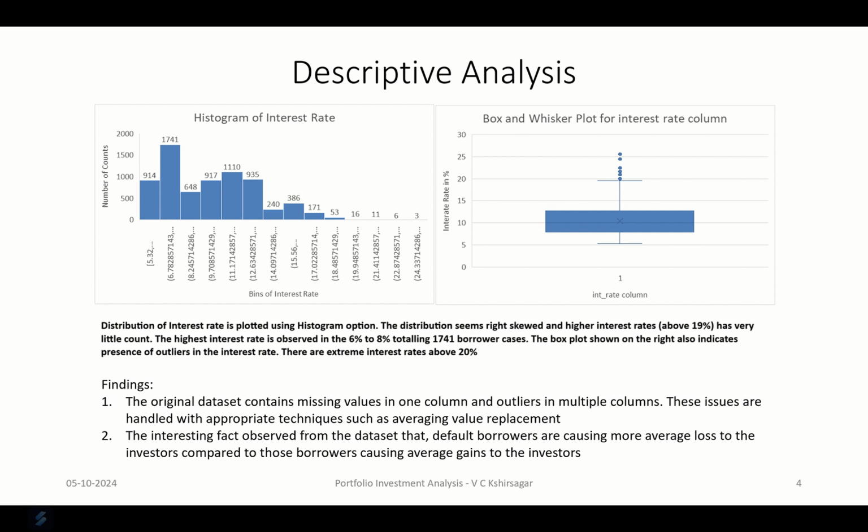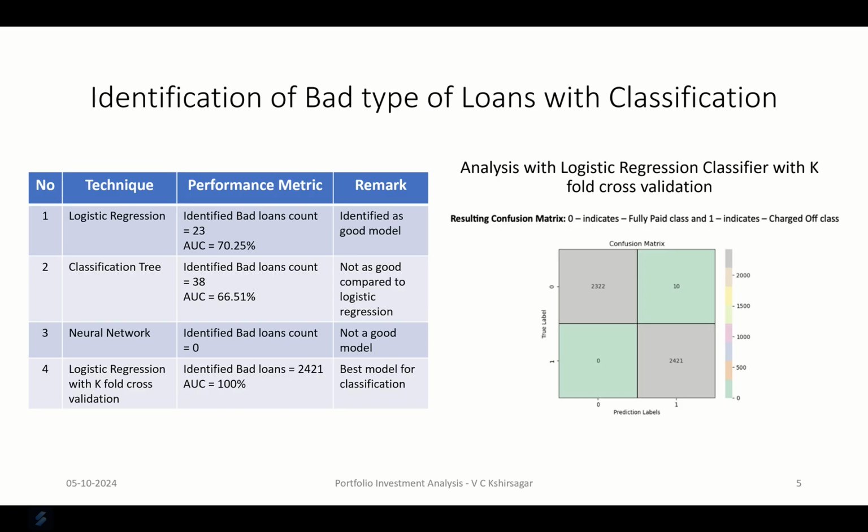Now, next slide, the task is to identify the bad type of loans using classification technique. The bad type of loans, we call them the charged off category in the data set. The classification is performed with Analytic Solver Platform using multiple classification techniques, and the results are presented in tabular form in front of you.